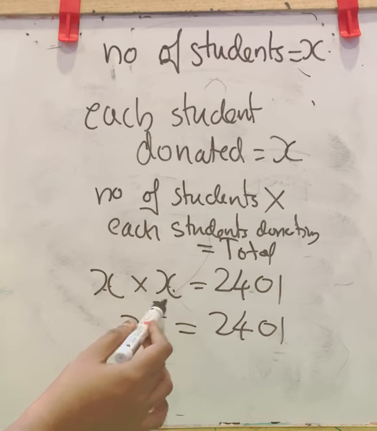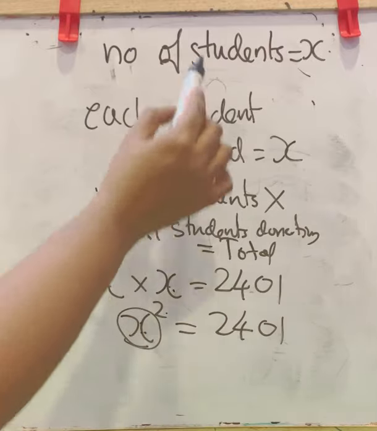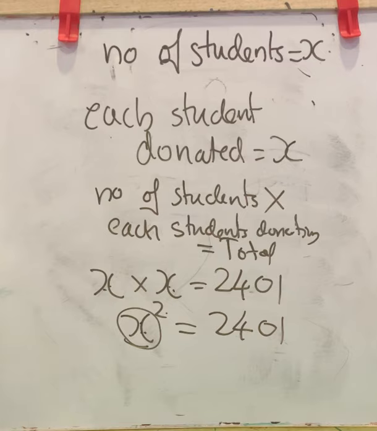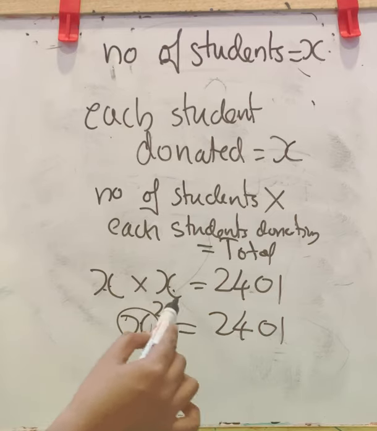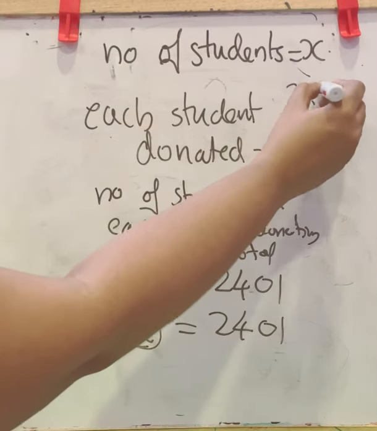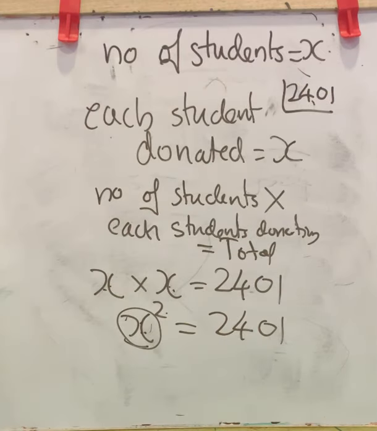Now a number multiplied 2 times gives 2401. If you find that number, you will get the number of students and each student's donation. So you have to find the square root of 2401, because squaring that number you get 2401. In 2401, 2 is not divisible, 3 is not divisible, 5 is not divisible.